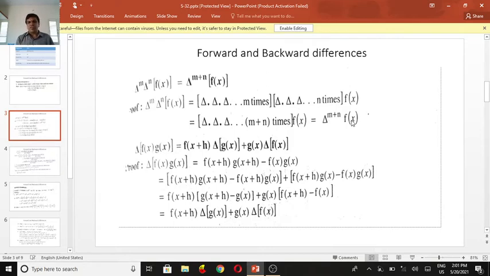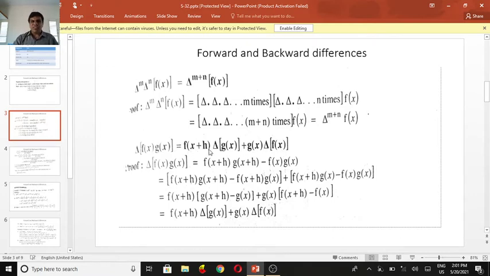Now we come to the product of two functions under the del operation. Del of f of x g of x equals f of x plus h del g of x plus g of x del f of x.